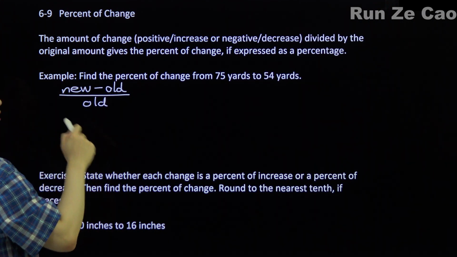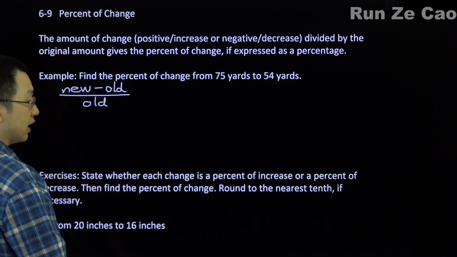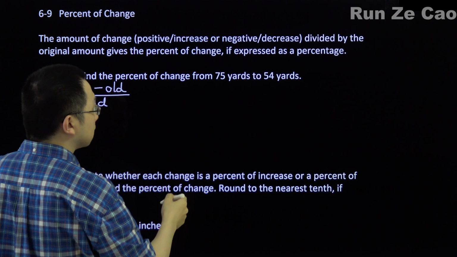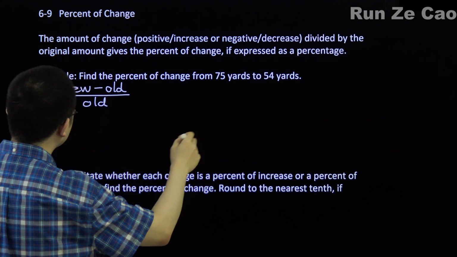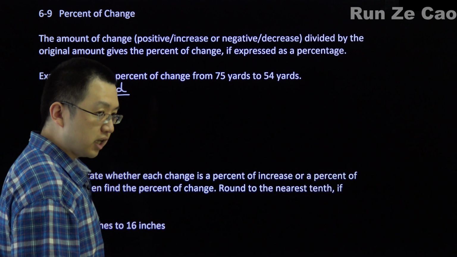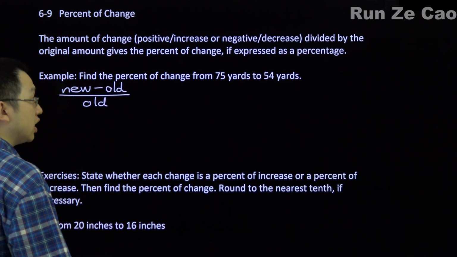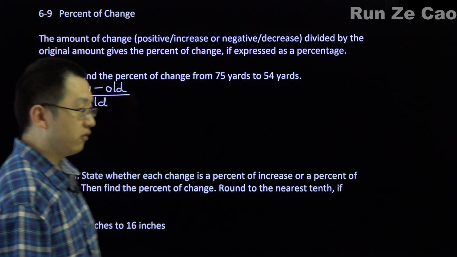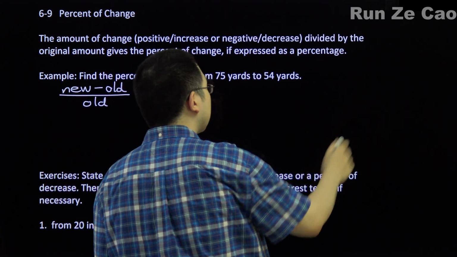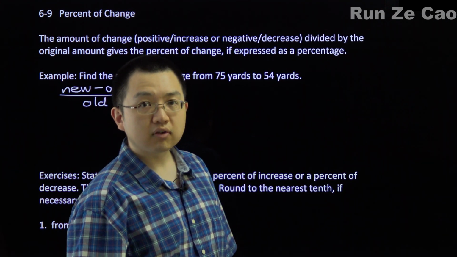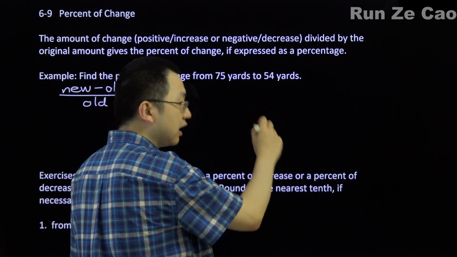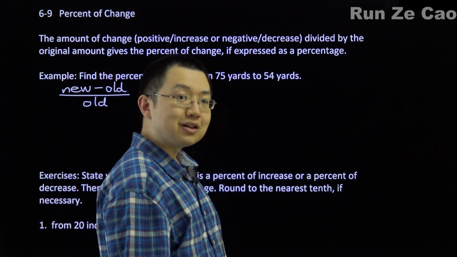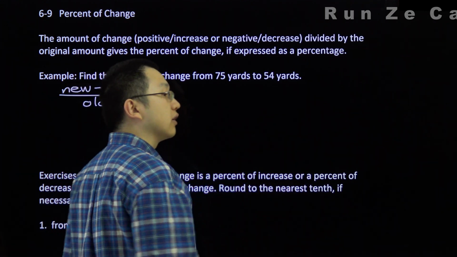If the new measurement is smaller, then subtracting the old gives you negative, and you end up with a negative percentage, or initially a negative fraction or decimal, and you can change that into a negative percentage. If you get a percent of change that's explicitly labeled as positive, then it's going to be an increase. If it's explicitly labeled negative, then it's a decrease.